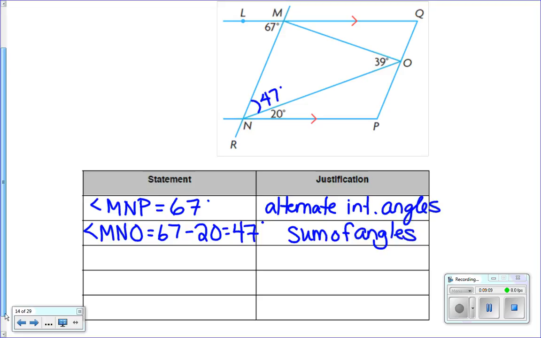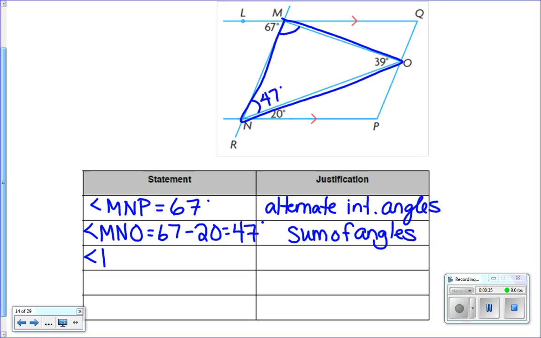Now, let's move on. So we've got this guy here is 47 degrees. I've got my 20 degrees, my 39, my 67. Now remember, one of the angles that we want to solve for is NMO, which is this here. Hopefully you guys can take a look and see, ooh, that's a triangle. So this here, here, here is a triangle. And remember what we said, all the angles of a triangle must add up to 180.